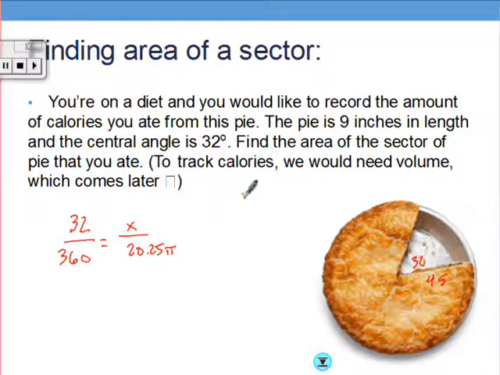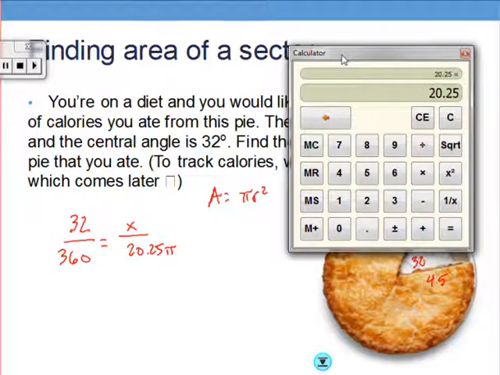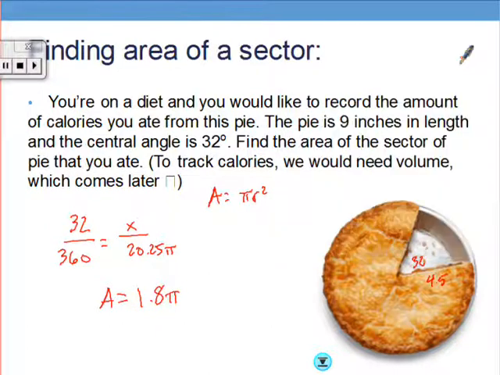I got that by pi r squared, right? Pi r squared, that's the area. So part over the whole equals part over the whole. And then I'm going to cross multiply. For the sake of simplicity right now, I'm going to leave this in terms of pi. So I'm going to multiply 20.25 times 32 and divide it by 360. And I get 1.8 pi. So the area of the sector that I ate was 1.8 pi.